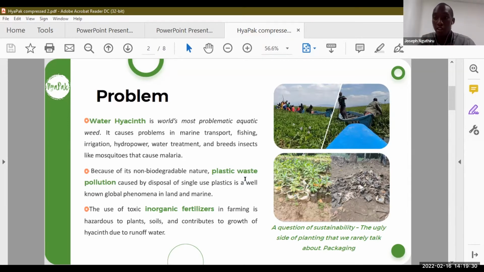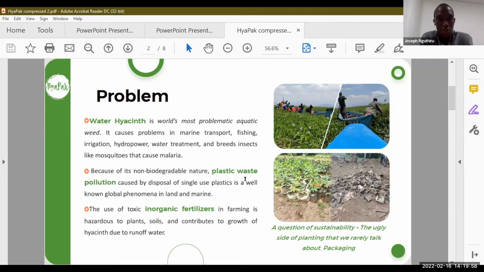And in several places, there's been a correlation between water hyacinth and the rise of HIV prevalence. Most of you know water hyacinth from Lake Victoria, but it is in more than 50 countries across the world. It originally came from South America, and we also have it in other lakes in Kenya, such as Lake Naivasha.